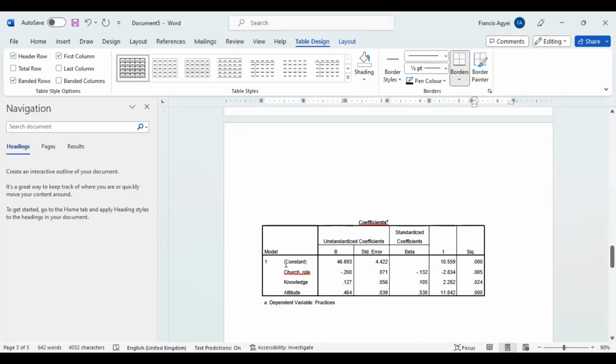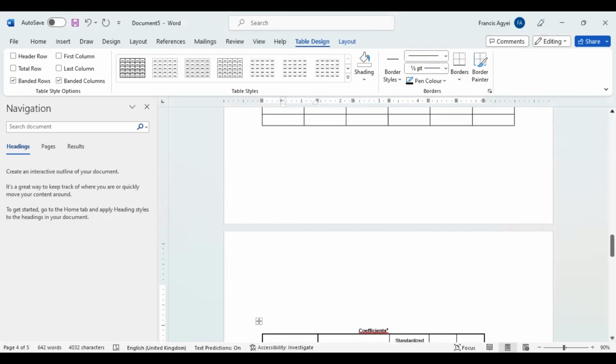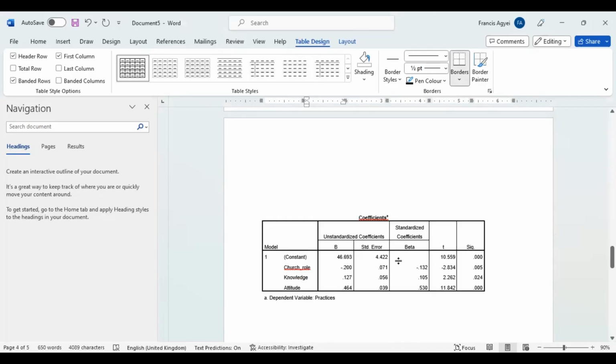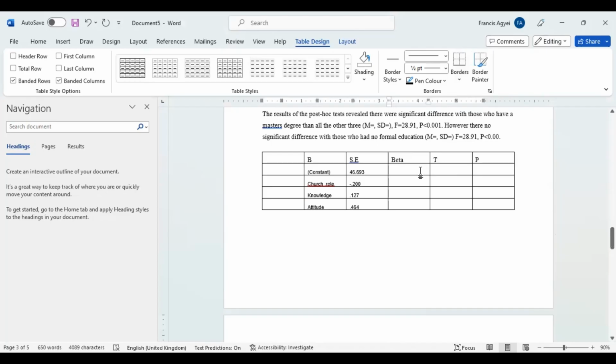So let's copy this here and paste it here. Then let's copy our beta, and then the T, and then the significant or P values.